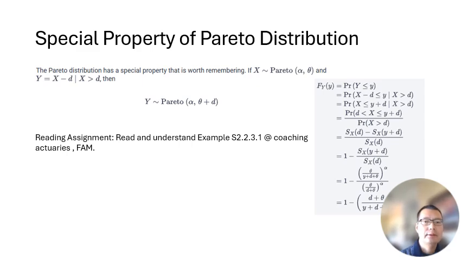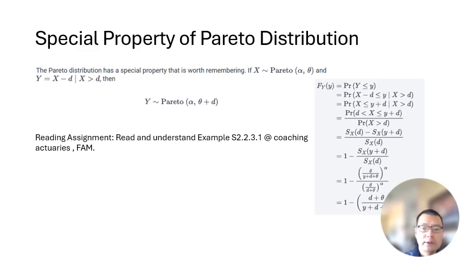So when X follows Pareto alpha, theta, Y follows Pareto with alpha, but theta becomes theta plus d. Why is that? We can prove this using the definition of the Pareto distribution and the definition of Y.